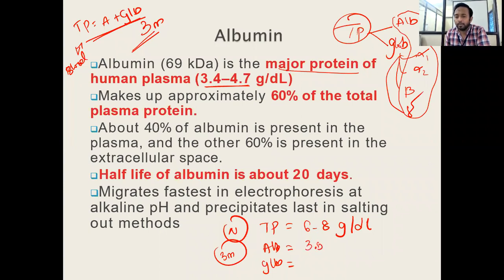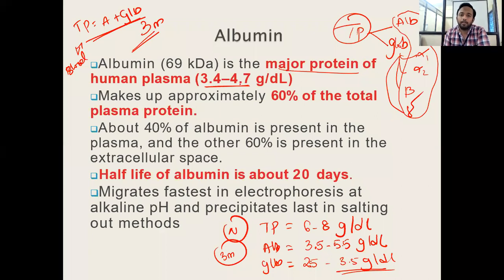Simply, you can remember 3.5 to 5.5 grams per dl, and globulin will be around 2.5 to 3.5 grams per dl. These are the normal values of the different fractions of total protein, that is albumin and globulin.